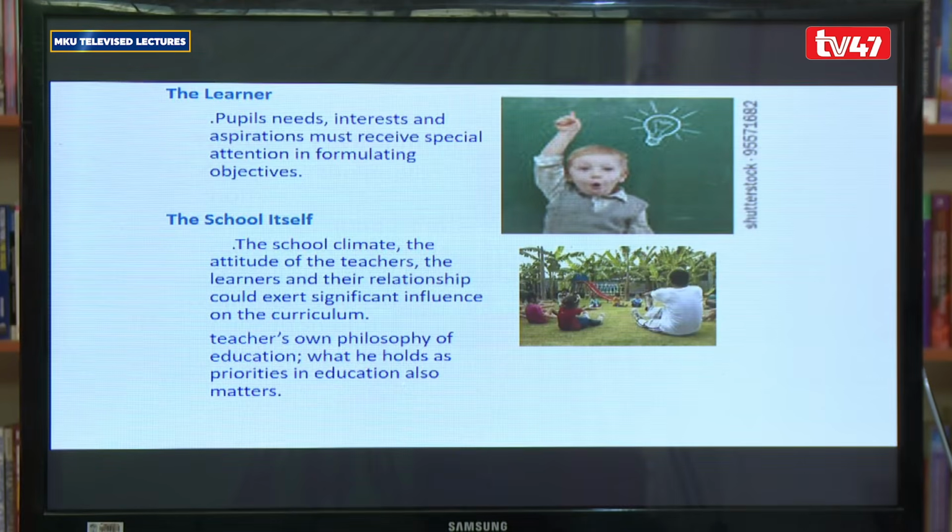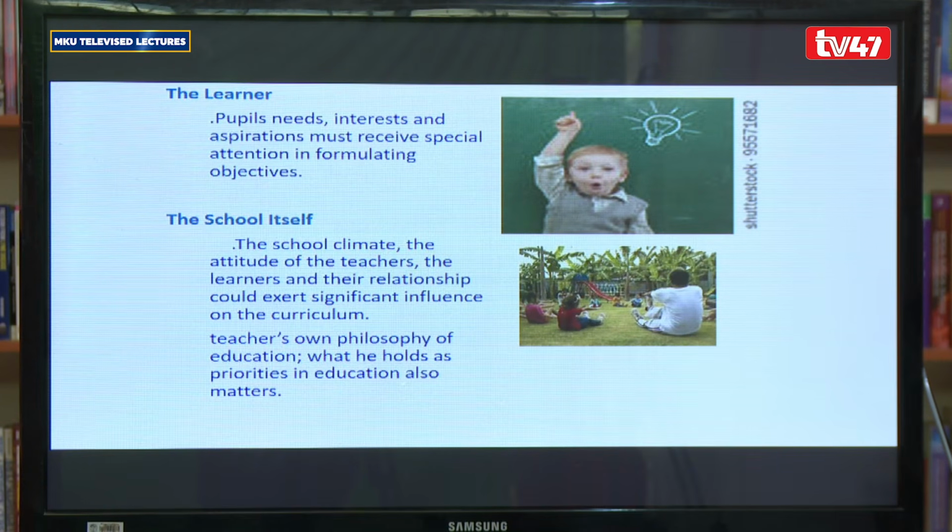Then we must also consider the learner. Pupils need to be interested and to aspire to become people of substance in the community. That attitude will enable the learner to become inquisitive, and when they are inquisitive, they can be able to learn better as opposed to when they are not inquisitive.